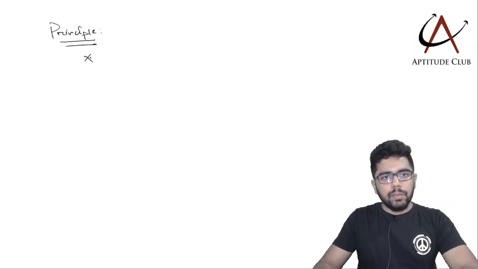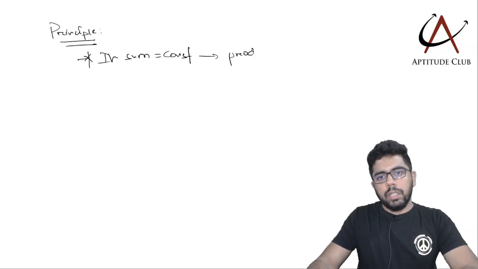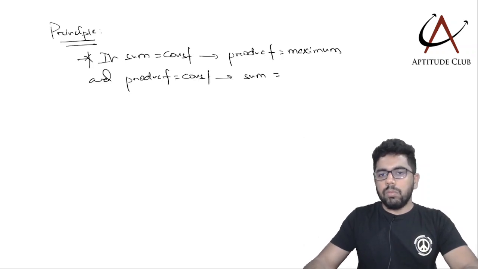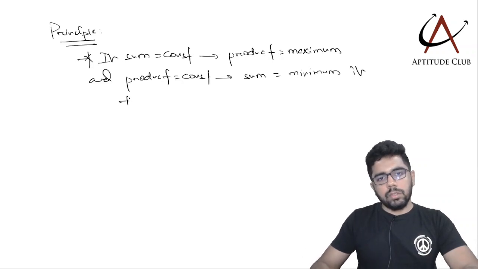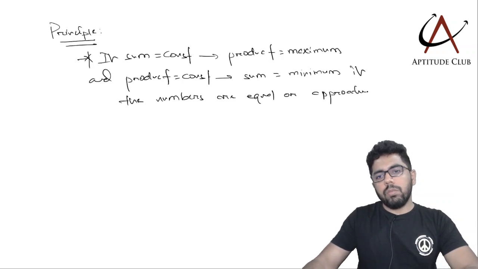So the principle is, if the sum is equal to a constant, then the product is maximum, and if the product is equal to a constant, then the sum is minimum, if the numbers are equal or approaching to be equal.